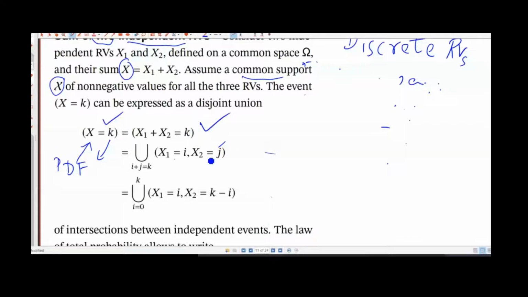For example, I can just give two possibilities and you imagine the rest, yeah? So one possibility is that x1 takes 0 and x2 takes, tell me, what must be the value of x2?